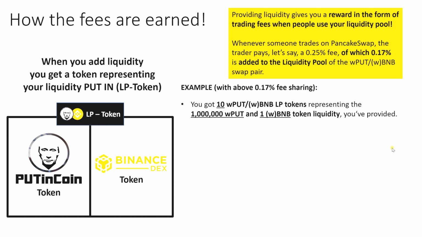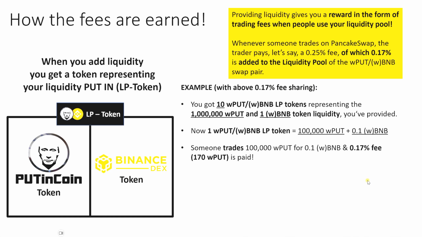To put it in a nutshell, one of your shares, meaning one LP token in this liquidity pool, stands for 100,000 WPUT tokens and 0.1 BNB tokens. Let's assume someone trades 100,000 WPUT for 0.1 WBNB token and a 0.17% fee representing 170 WPUT is paid.